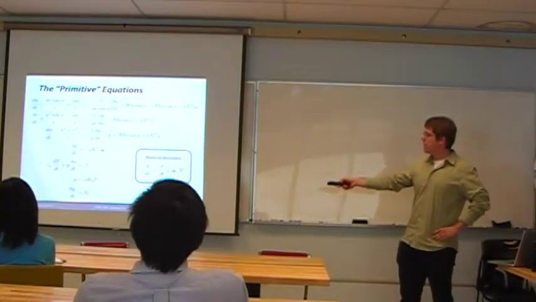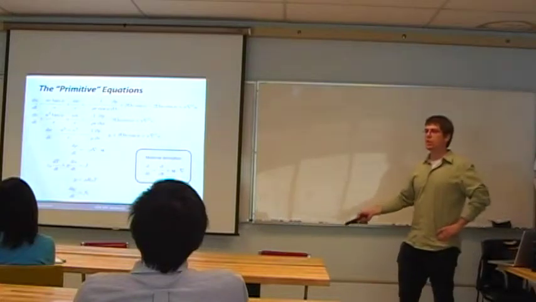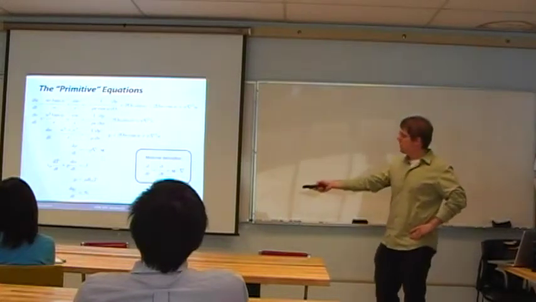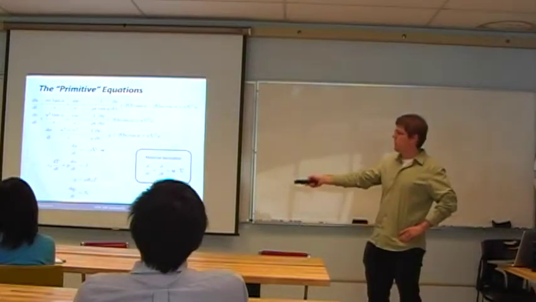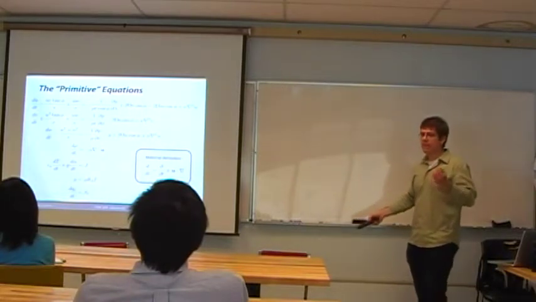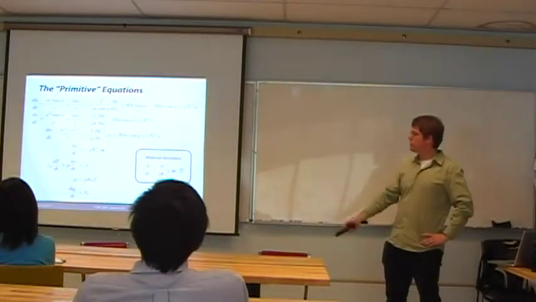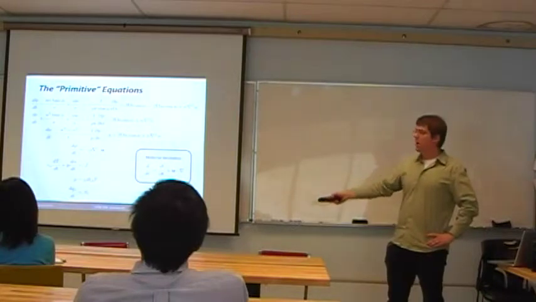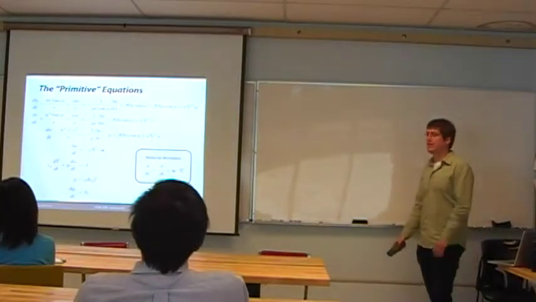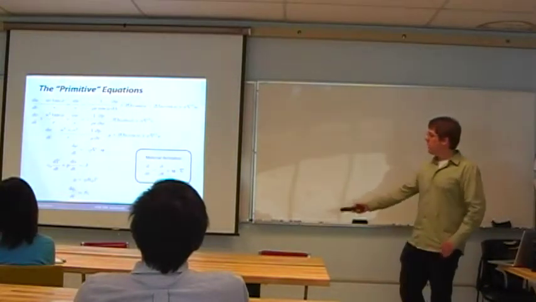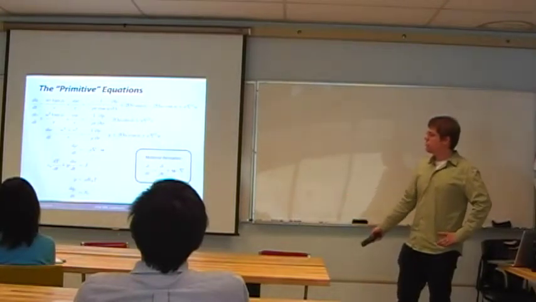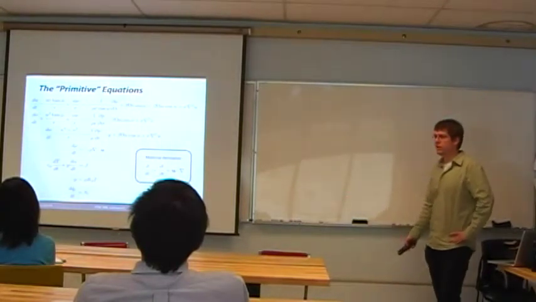We have the thermodynamic equation here down at the bottom, which represents conservation of energy. In the case of J equals 0, so in the case of adiabatic flow, this represents exact conservation of energy. We have the ideal gas law, which allows us to relate the pressure, density, and temperature to one another. And we have an evolution equation for the mixing ratios.